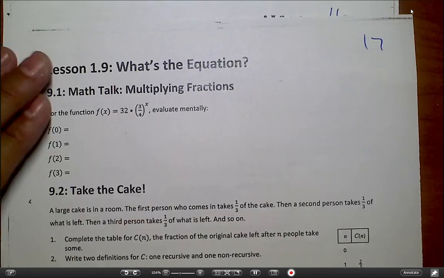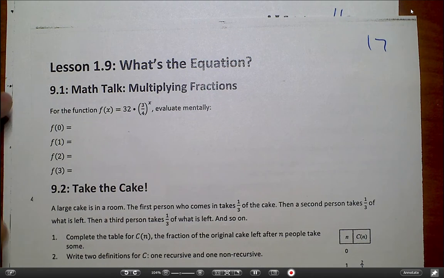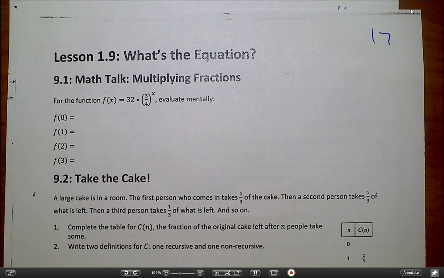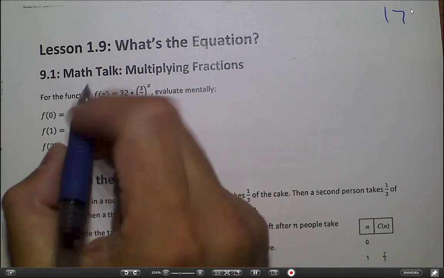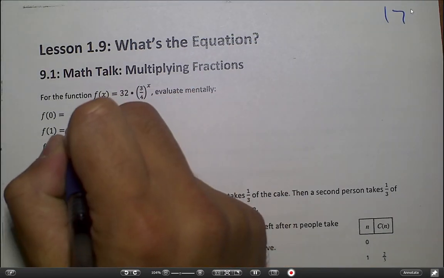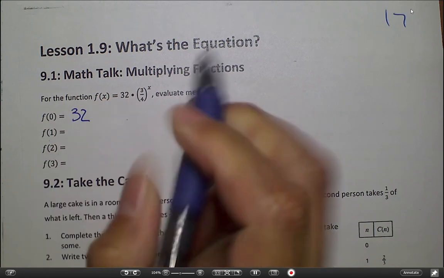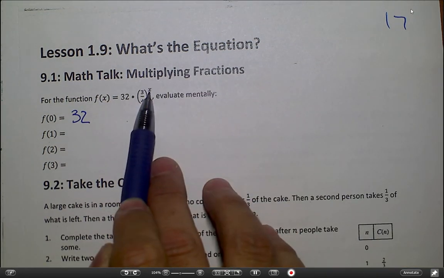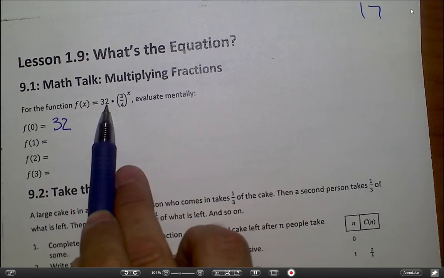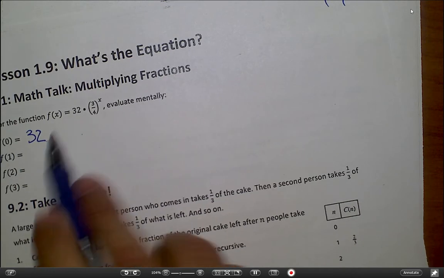All right, let's take a look at this first one right here. Let's look at f of 0. What did we say f of 0 was? 32. Now, the reason why it's not 1: if x is 0, anything to the 0 power is 1, times 32 is 32.